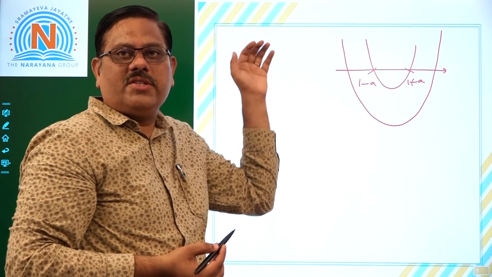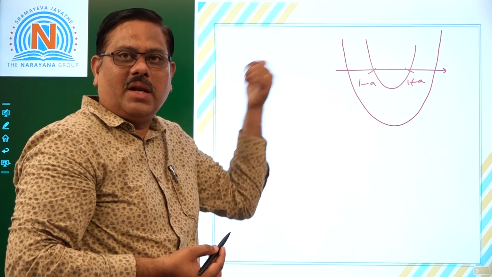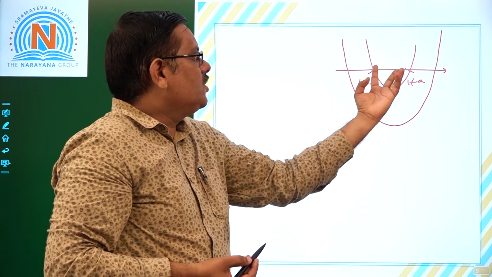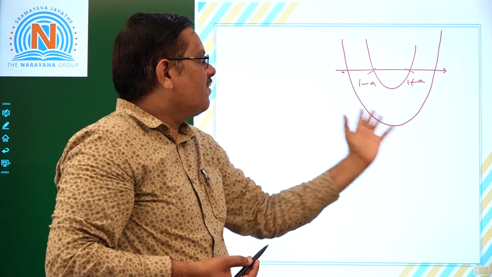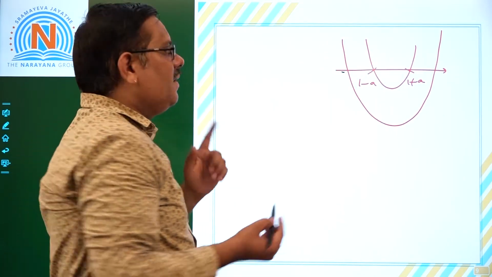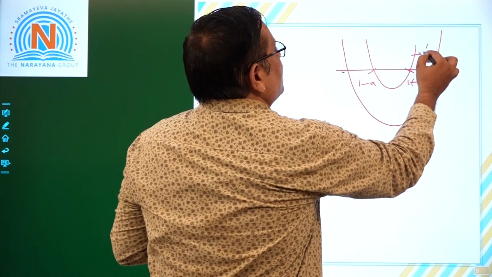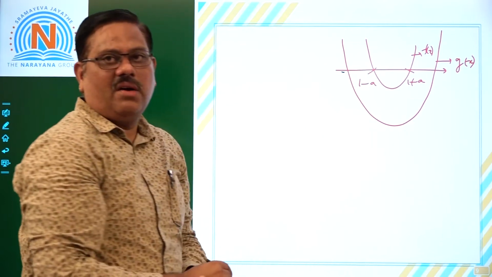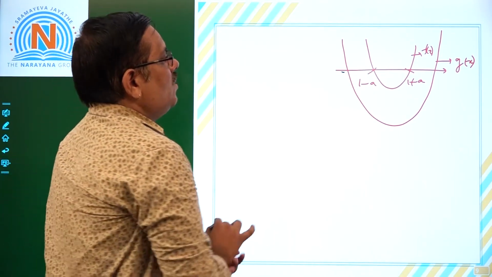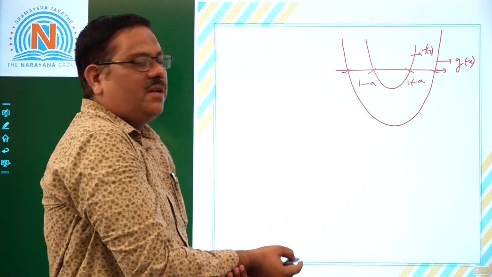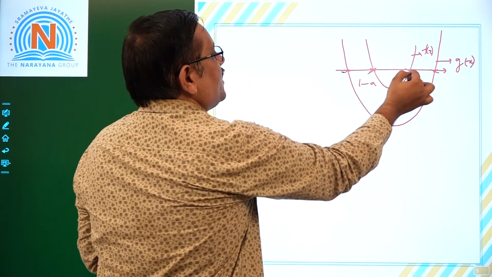The x square coefficient in both cases is 1, that is more than 0, so it opens upwards. Here these roots are lying between these roots, so definitely here also we have to have distinct roots. So this is the diagram. This is f of x and this is g of x for us. These are the roots of the second equation g of x, and these are the roots of the first equation f of x.